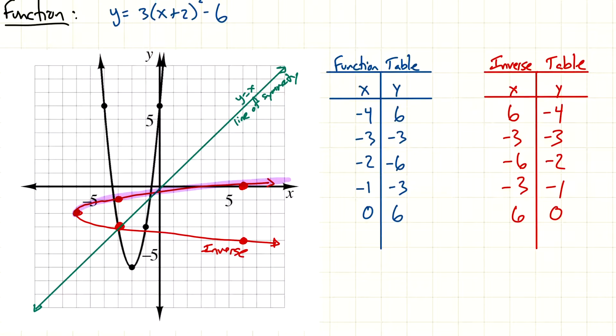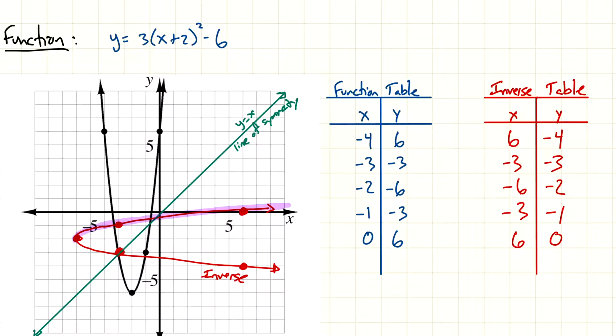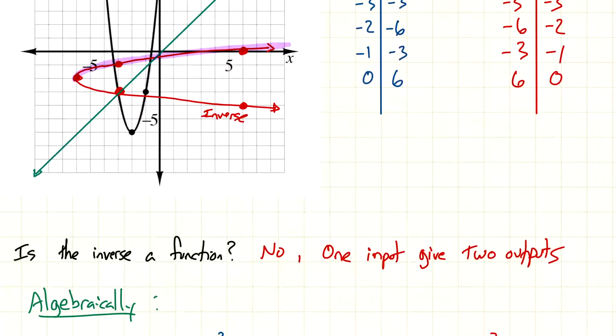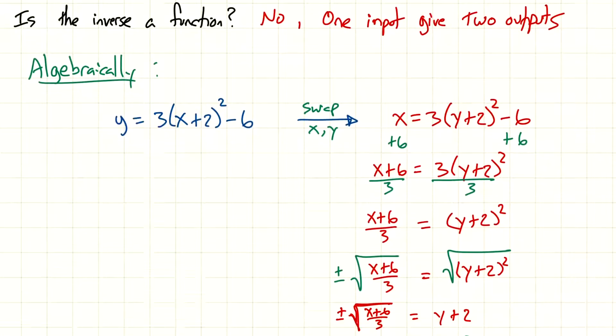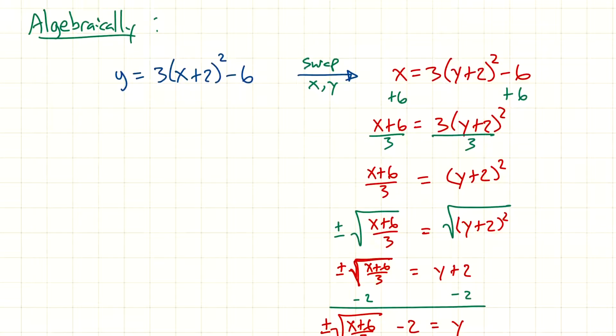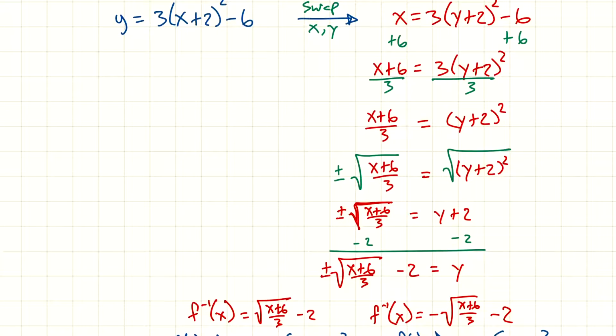All right, so writing the equation from the graph is a little bit difficult on this one. Not impossible, but very difficult. Being able to solve it algebraically takes a number of steps, but is definitely manageable.